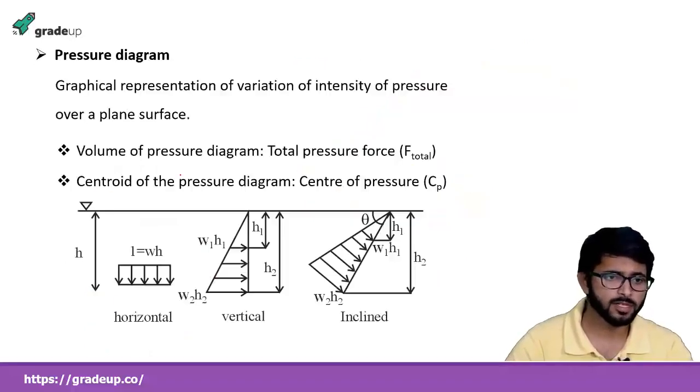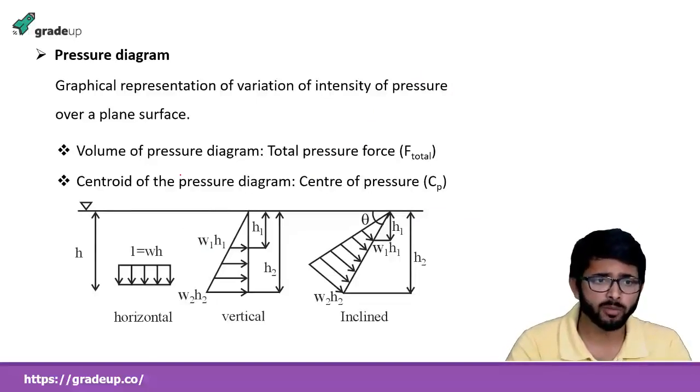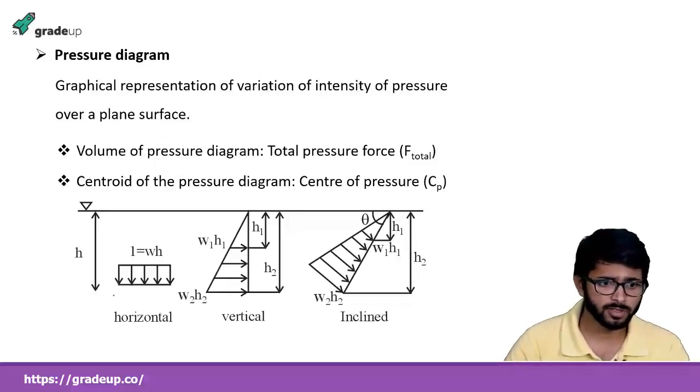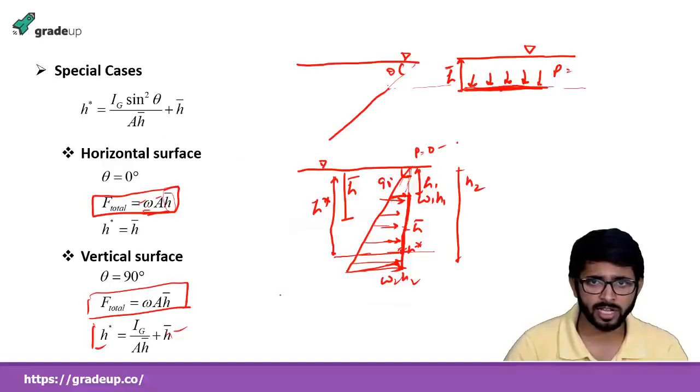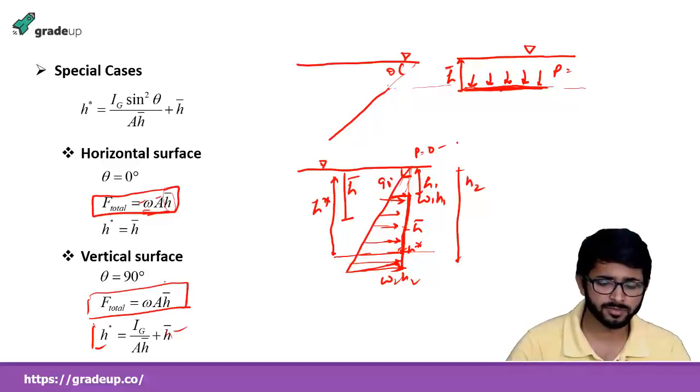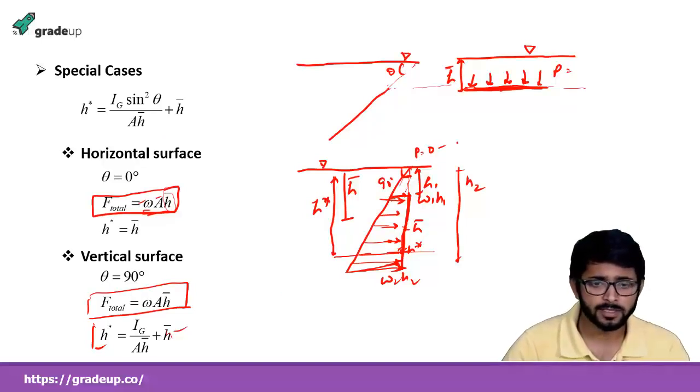Okay. So now we are going to talk about the pressure diagram. The pressure diagram is also useful to find the resultant force and the point of action of the resultant force, which is the center of pressure. So let's take a moment. How can we make the pressure diagram?